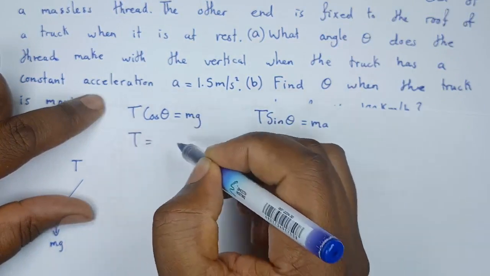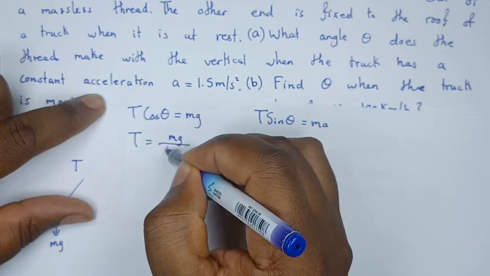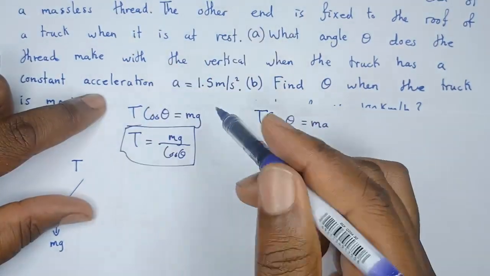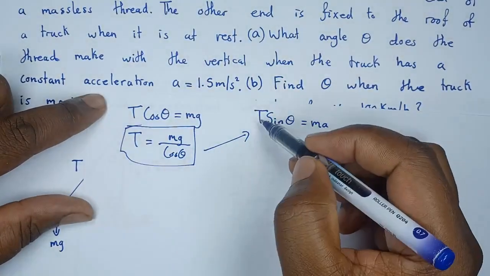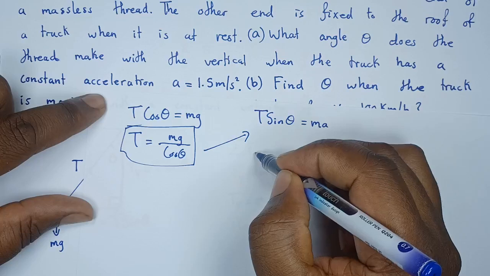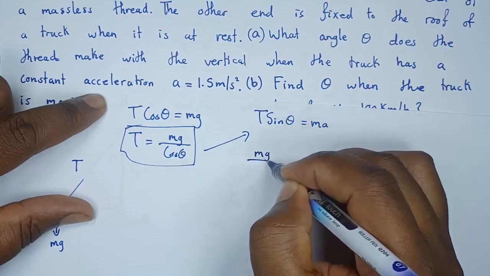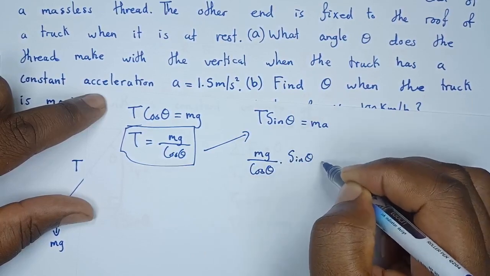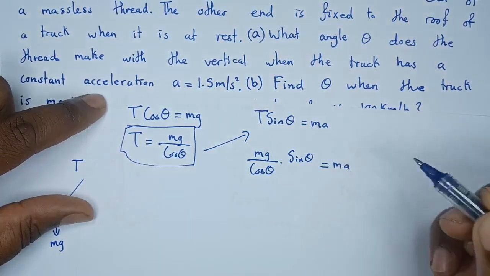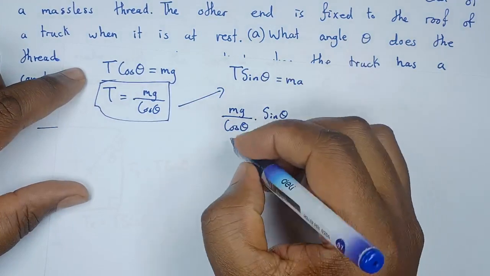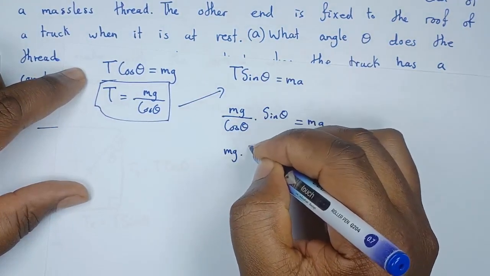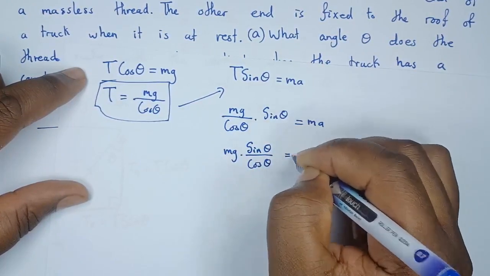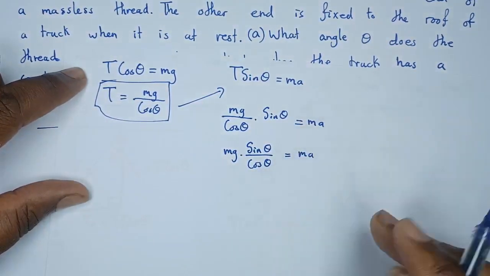So T is equal to mg over cos theta. We'll substitute this where there is T, so we have mg over cos multiplied by sine, equal to ma. We can write this as mg sine over cos equals ma.